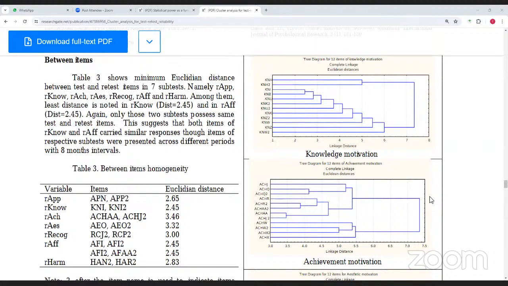They are highly classified. If they are very much classified, that means the test-retest reliability is relatively low, because they are classified into different groups.